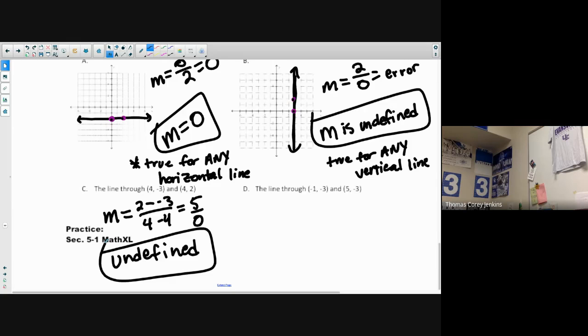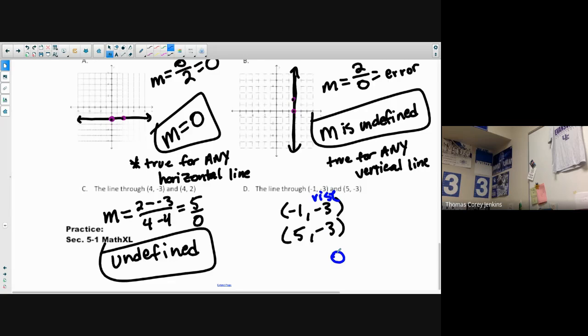All right, and then the last one, you could probably guess what's going to happen, but I do want to show you one more, stack them and subtract them. So I'll stack this one over top of that one just to show you that it doesn't matter. Because last time I stacked the second one over the first one. So -3 over top of 5 comma -3. So my rise is going to be -3 minus -3.